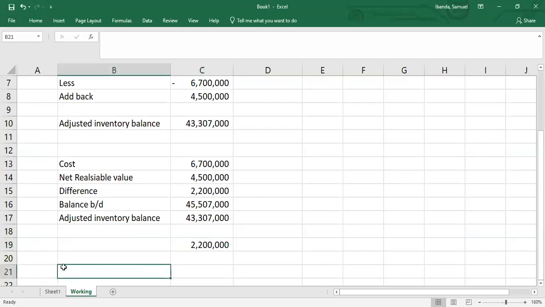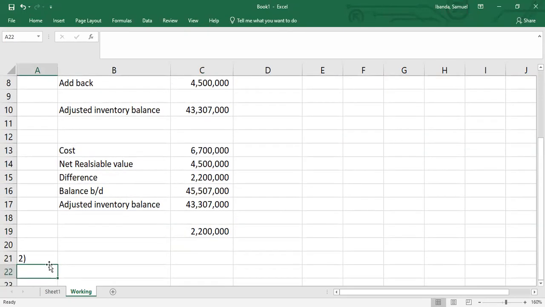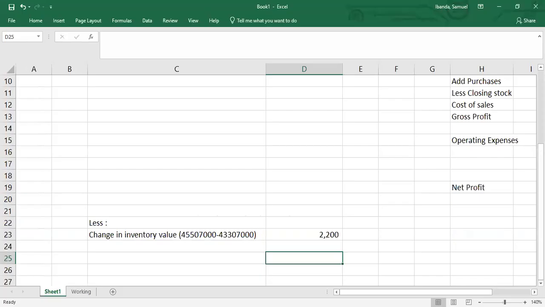So maybe this could be our working tool for purchase returns, and this is 4.5. So back to our analysis here on our profit.